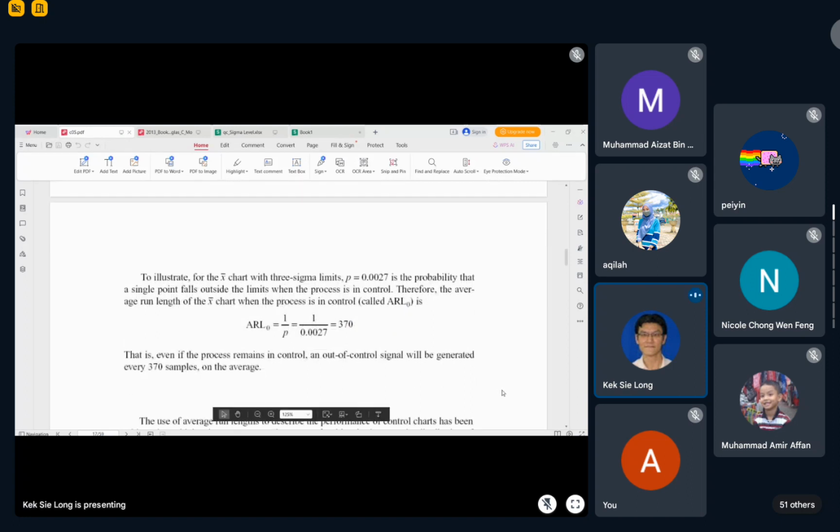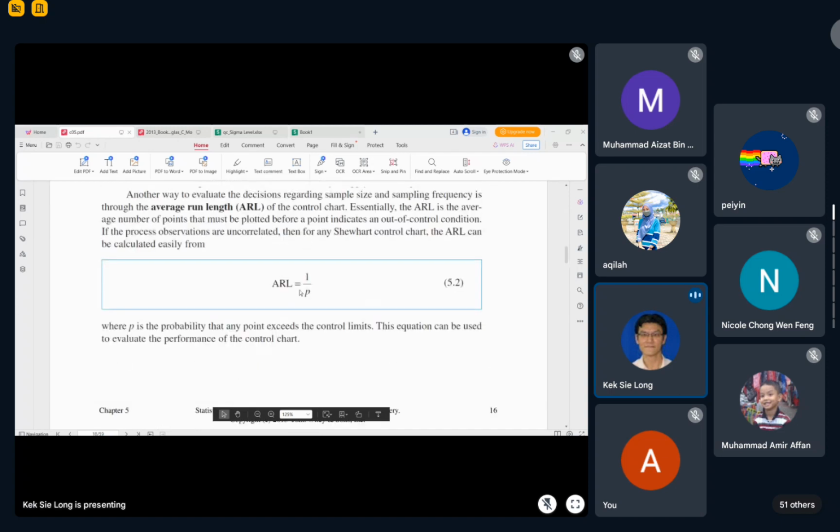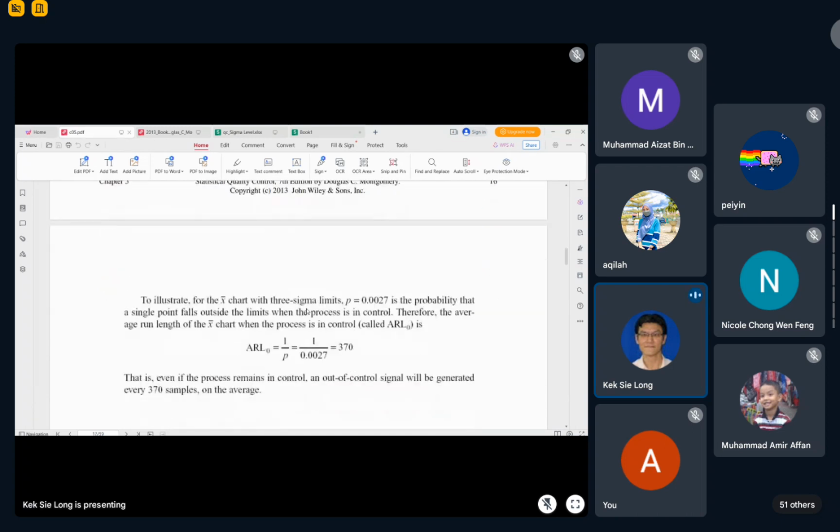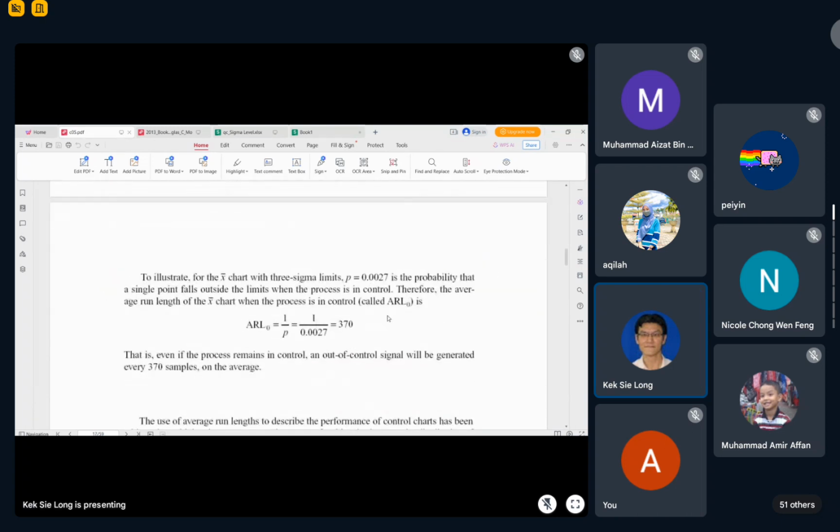Notice that from the previous equation 5.2, ARL equals 1 over P. But in the discussion or in application usage, this ARL can be divided into two. One is ARL not, or ARL subscript 0, like what you see on the screen.